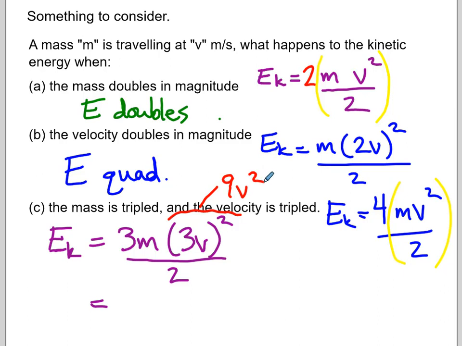Now 9 times 3, I'm going to end up with 27 mass velocity squared over 2. So you can see there that by tripling the mass and tripling the velocity, I actually end up with 27 times more energy in this problem. Okay, so just keep in mind how those terms behave. Those are important things that show up, especially in multiple choice questions.